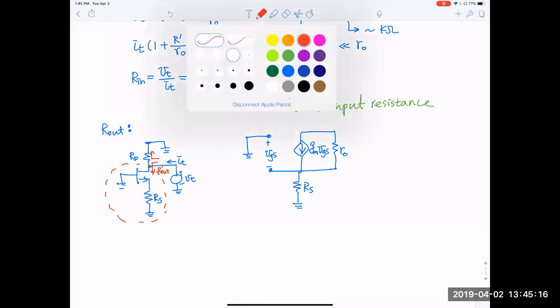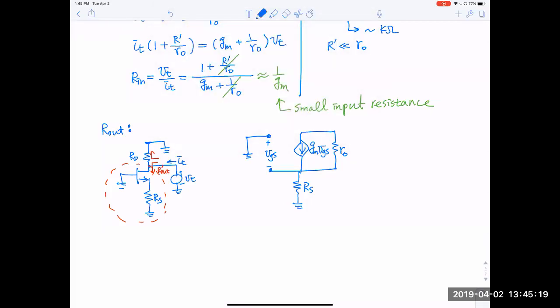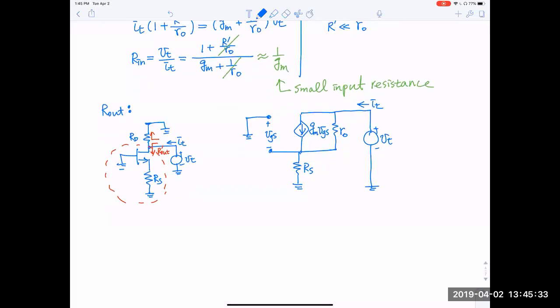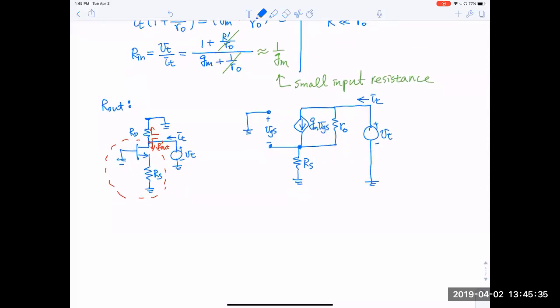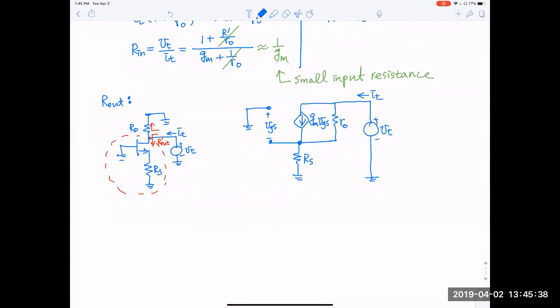So if I do this simplification, then attaching to the drain will only be my test voltage source, VT, okay? And I'll be calculating IT here, all right? So again, we will be applying KCL. So I'll apply KCL at drain, okay? At drain.